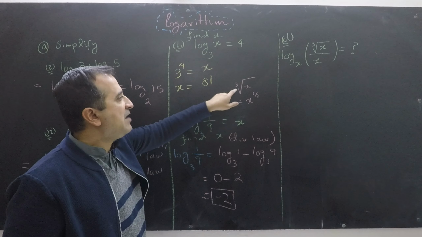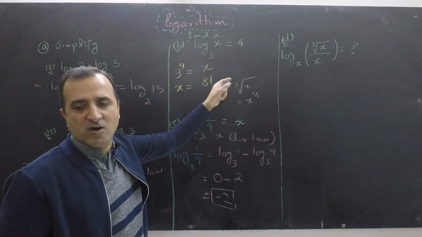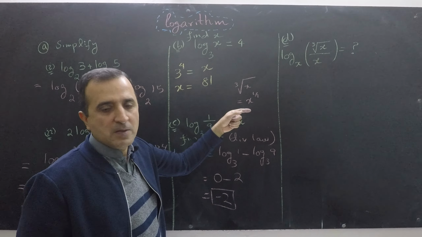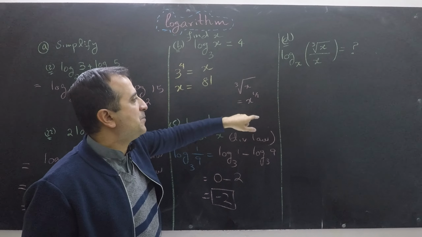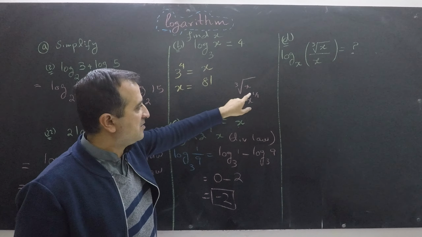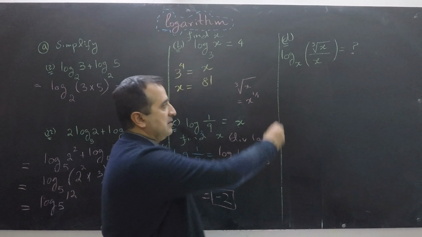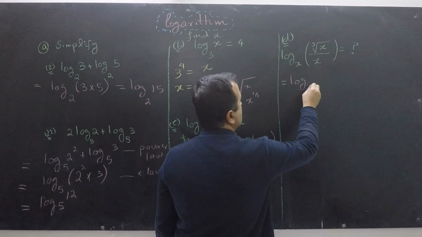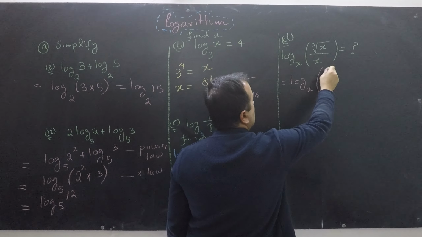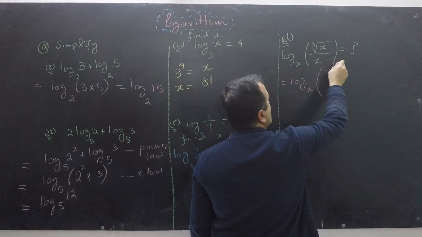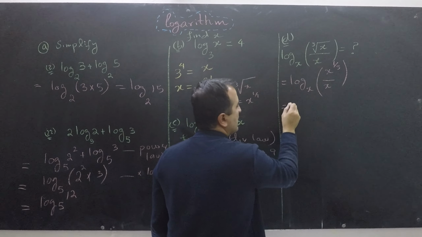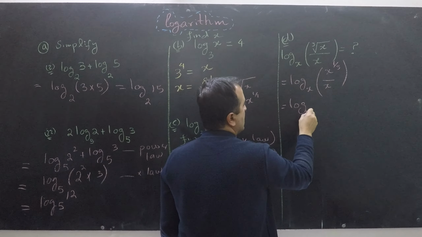If we don't have any number here, then that means 1 over 2 by default, square root. But if I write here 5, it is 1 over 5. So we can say that log x to the 1 over 3 divided by x, and I simplify it further.